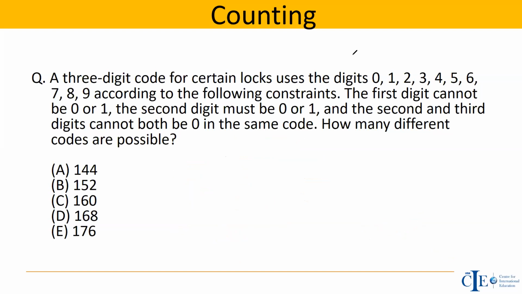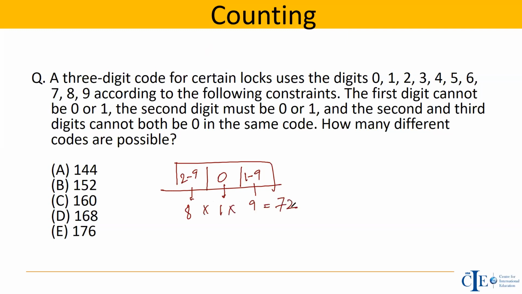Or you could split it into 2 cases, right? This was the complement way. The other direct way would be when it's ending with 0. You can have 1 to 9, actually. No, sorry, 2 to 9. 0 and 1 is not allowed here. So you can have anything from 2 to 9, 8 cases. Here you cannot have 0, but 1 to 9, so that's 9. 8 into 9, 72.